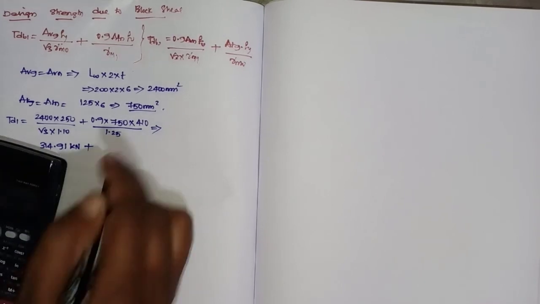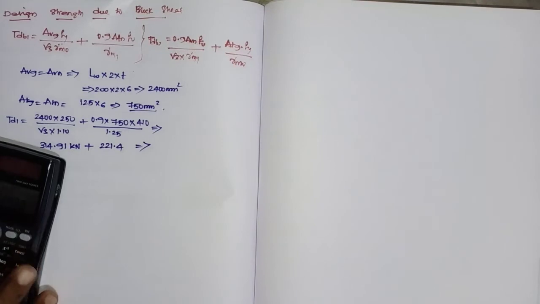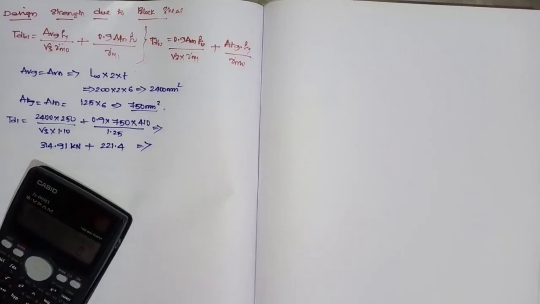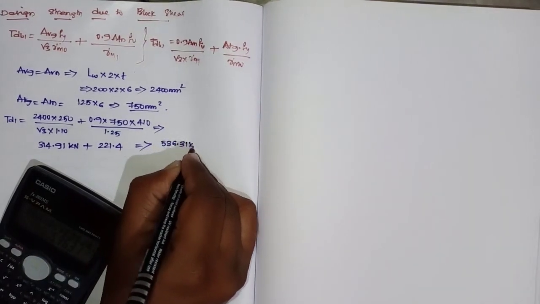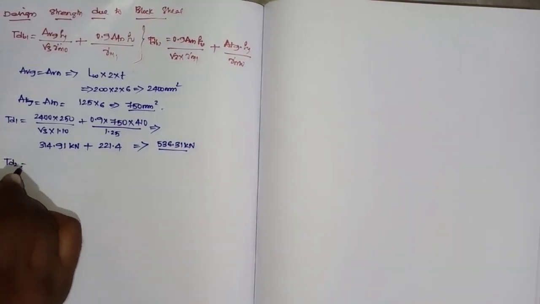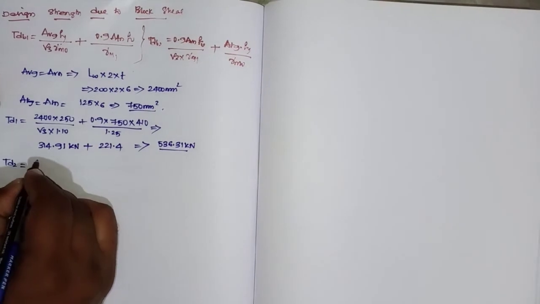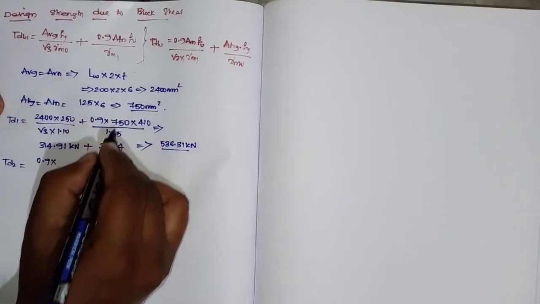So 221.4 kilonewtons. For all together, how much will we be getting? So 314.91 plus 221.4. So how much is it? 536.31 kilonewtons. Next, TDB2. This is 0.9 into AVG, area under shear.